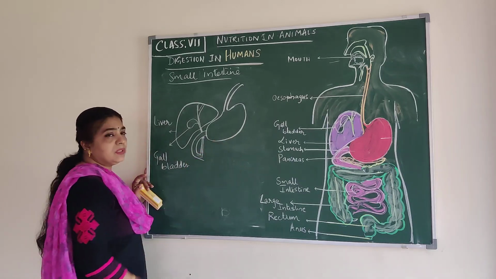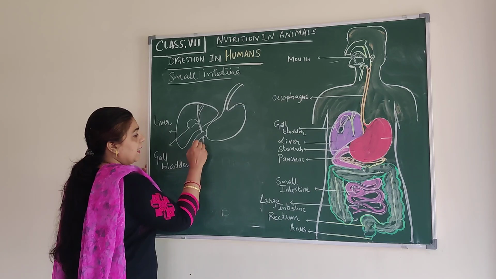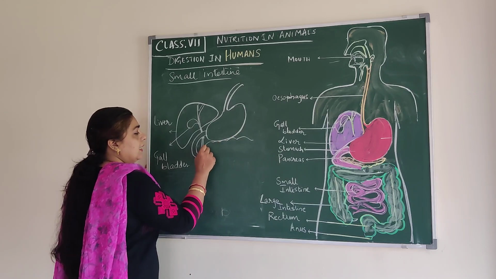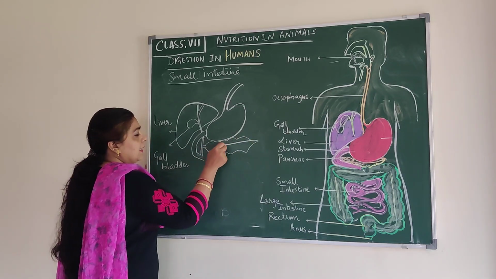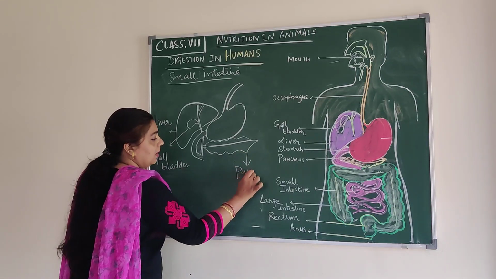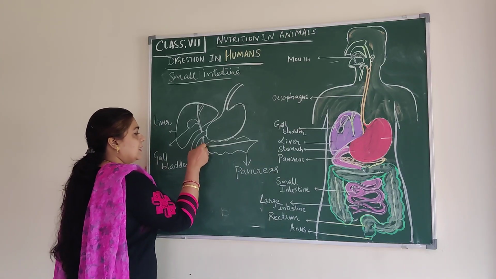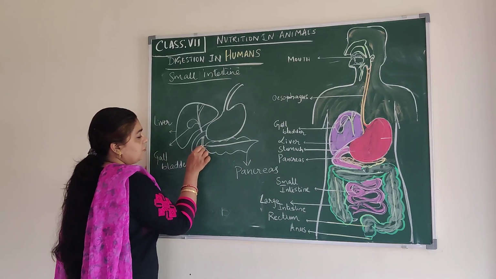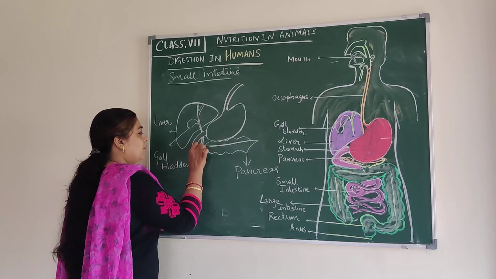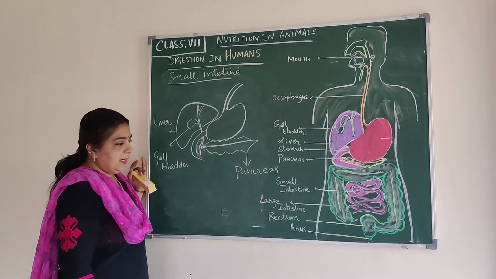And just below the stomach, there is one more gland present. This cream colored gland, we call it the pancreas. It also secretes certain digestive juices, which will be secreted inside the small intestine.